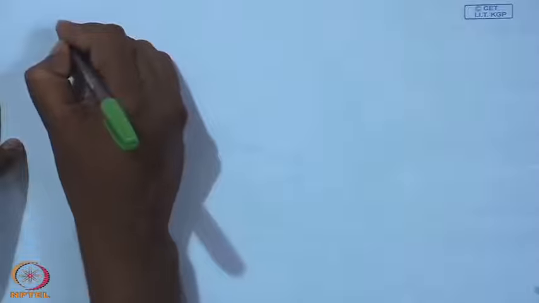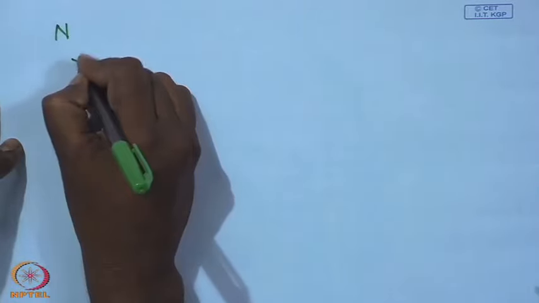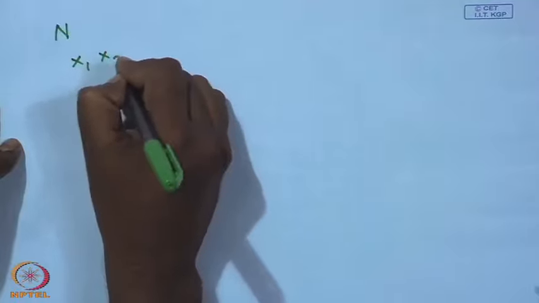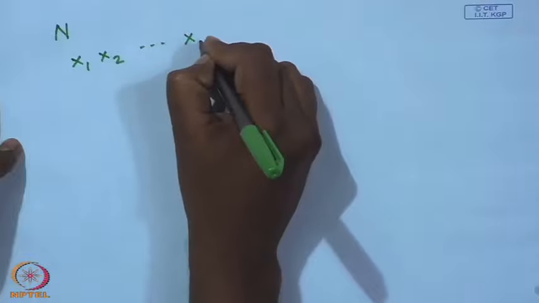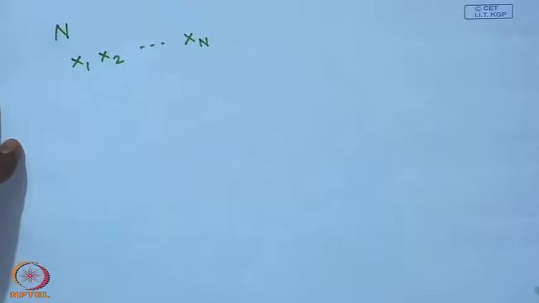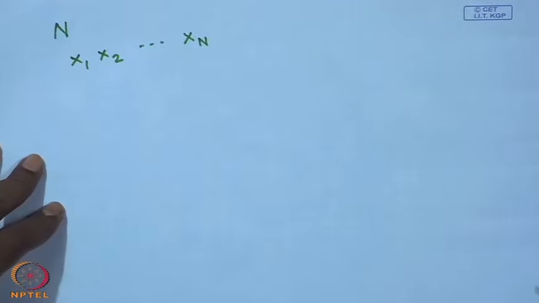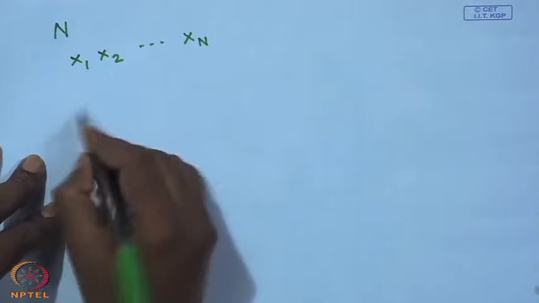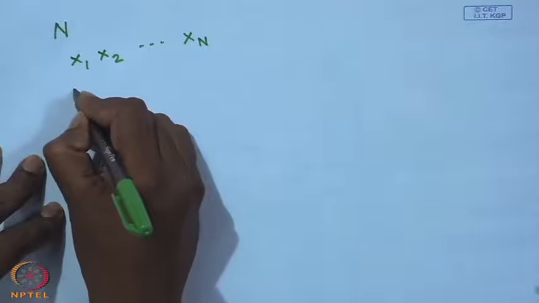So, we are given n training vectors, varying from say x 1, x 2 up to x n, where each of these vectors is of dimension p.